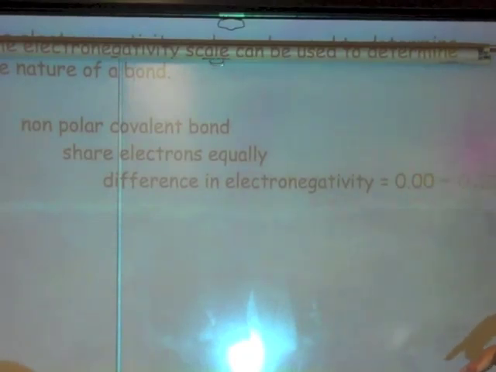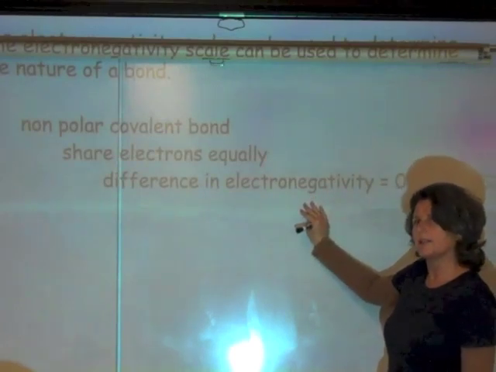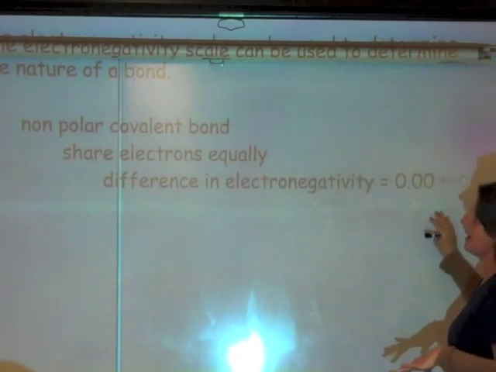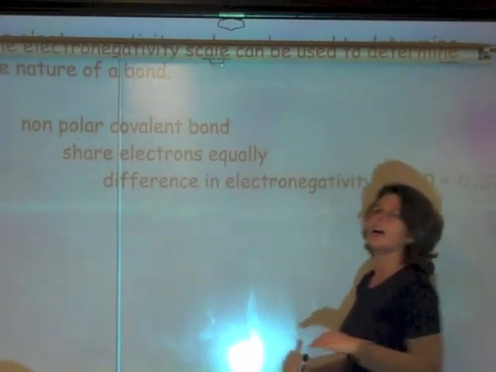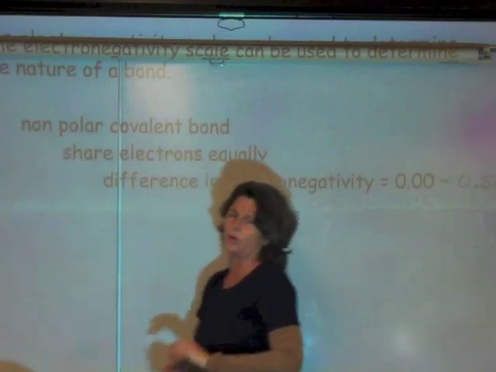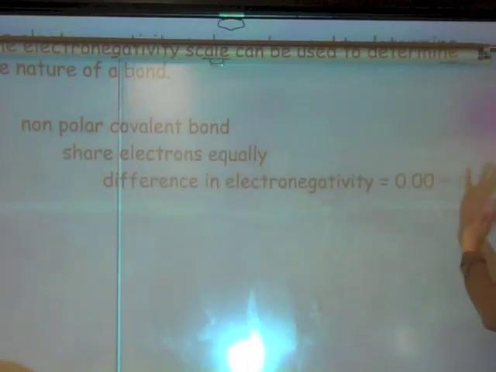So if the 2 atoms that are involved in the bonding have no difference in their electronegativity, or up to a value of 0.5 difference in electronegativity, we basically say that they are sharing electrons equally, that the bond is non-polar, meaning that the electrons are going to be around each atom an equal amount of time.